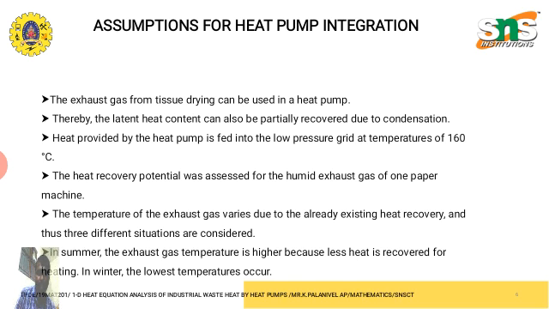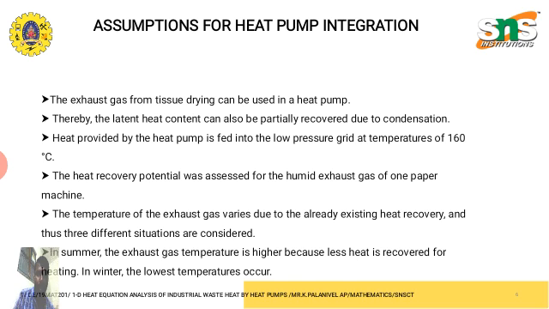The temperature of the exhaust gas varies due to the already existing heat recovery, and thus three different situations are considered. In summer, the exhaust gas temperature is higher because less heat is recovered for heating. In winter, the lowest temperature occurs.